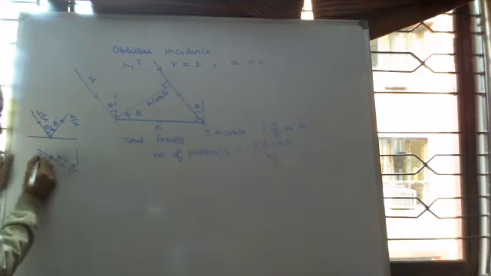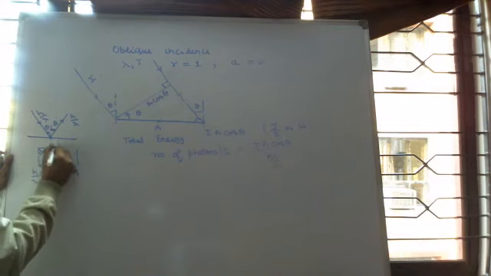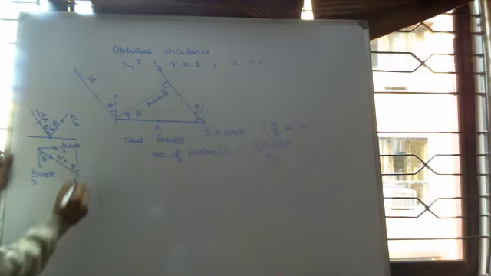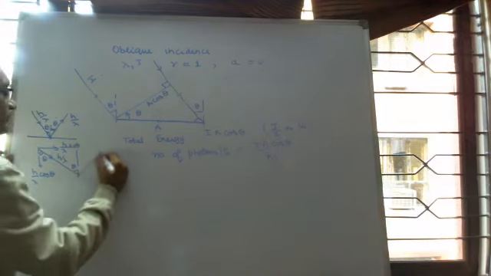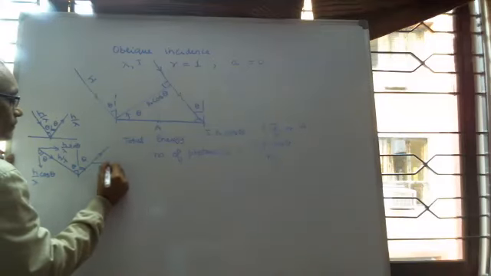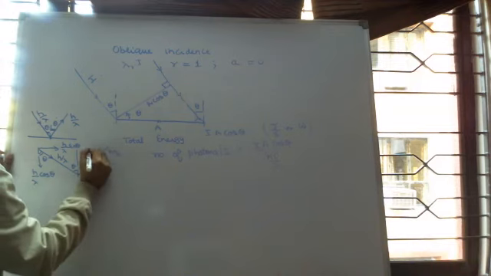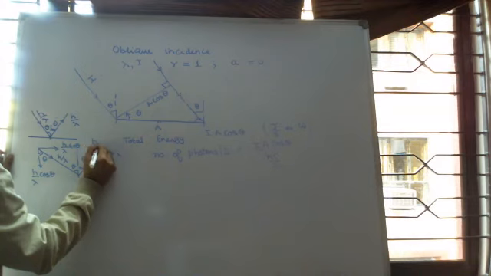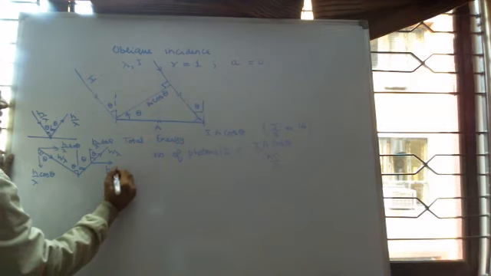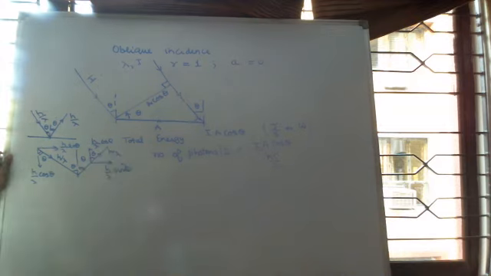Its vertical component of linear momentum is h by lambda cos theta, and the horizontal component is h by lambda sin theta, right? For the reflected photon, h by lambda cos theta goes upward and h by lambda sin theta comes back down, right? These are the components of linear momentum horizontally and vertically.